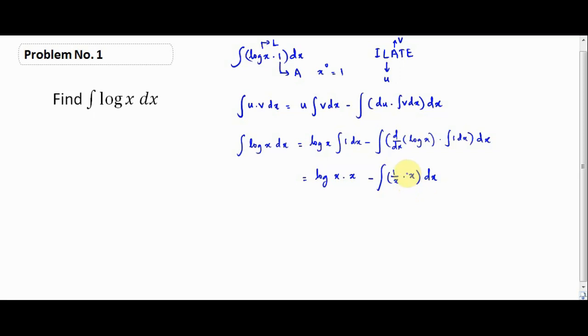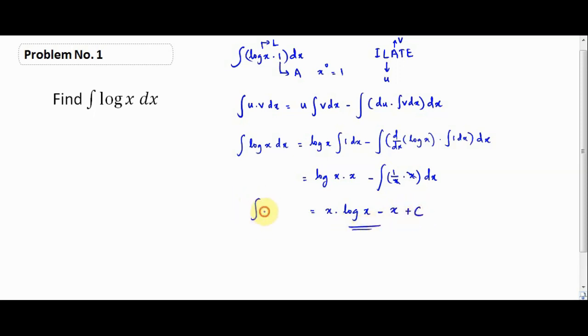Okay, now this x and this x can be cancelled, resulting in a value which is equal to 1. Now integral of 1 dx is x, so therefore here the answer is x into log x minus x plus c. So this is the answer.